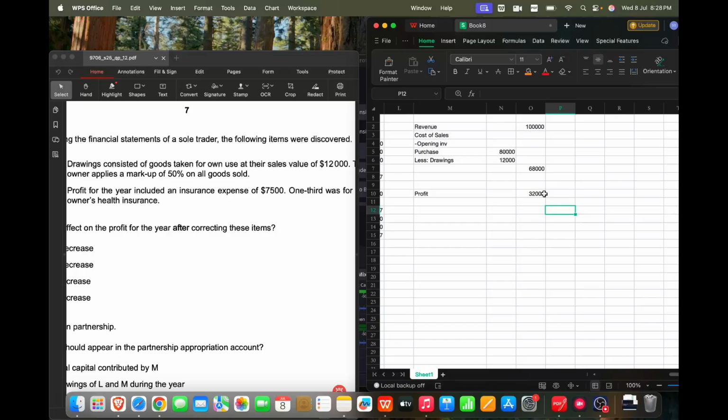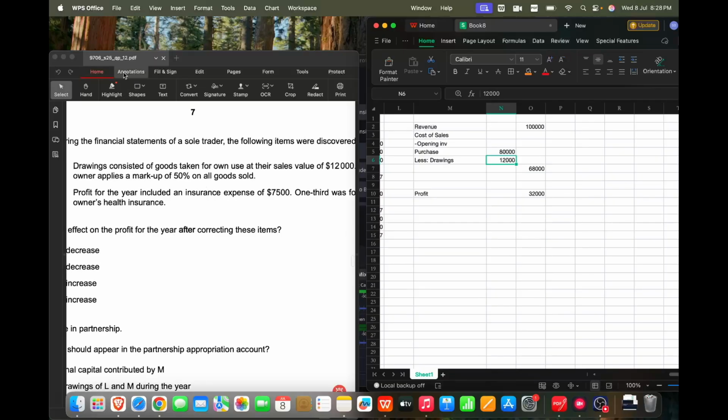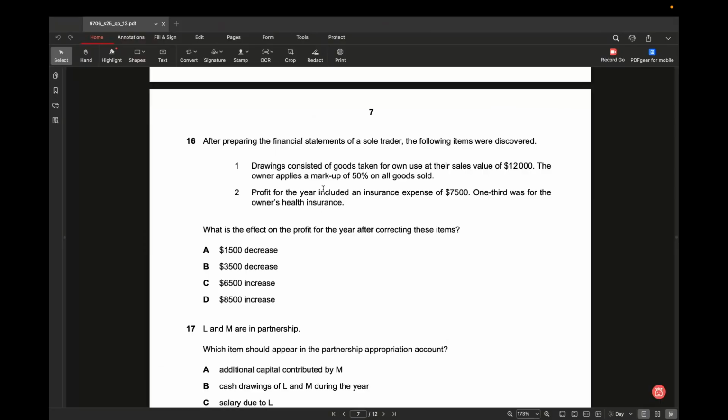But what I'm saying is we should not include drawings at sales value. We should include it at cost. And how do I know this is included in the selling price? Because it's mentioned that the sales value is 12,000 and the profit he includes is a 50% markup on all goods he sells.